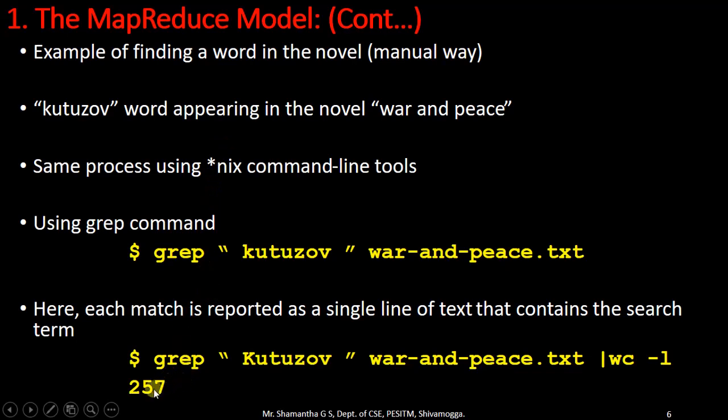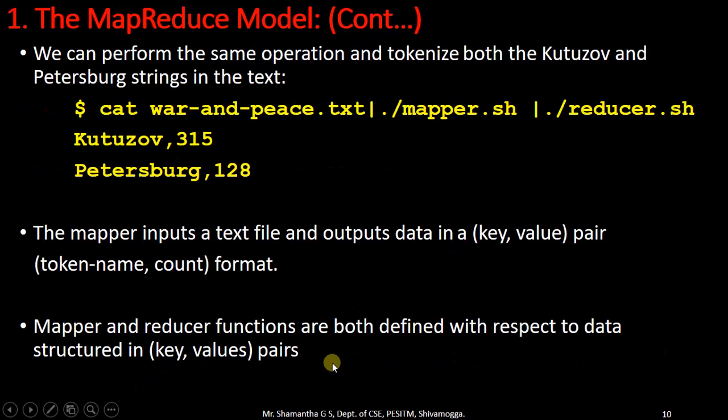Here in the earlier output we got Kutuzov occurrences as 257, but this is a limited case where Kutuzov is prefixed and suffixed with a space, whereas here Kutuzov covers all the types of instances.